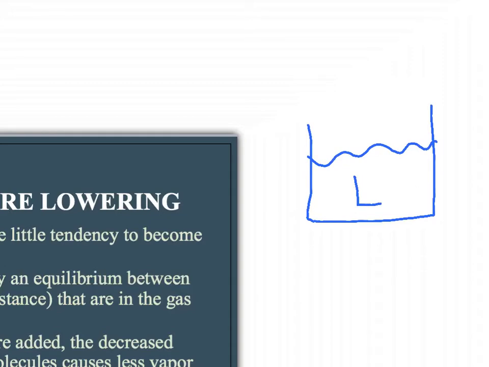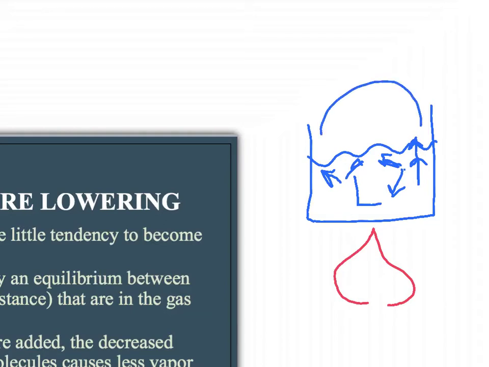And if this solution is subjected to heat, for example, then we will get some collision of particles within the liquid running into each other, into the sides of the container and whatnot. And as these particles come into contact with the air above the level of the solution, some of the molecules of whatever this liquid is will escape into the gas phase.